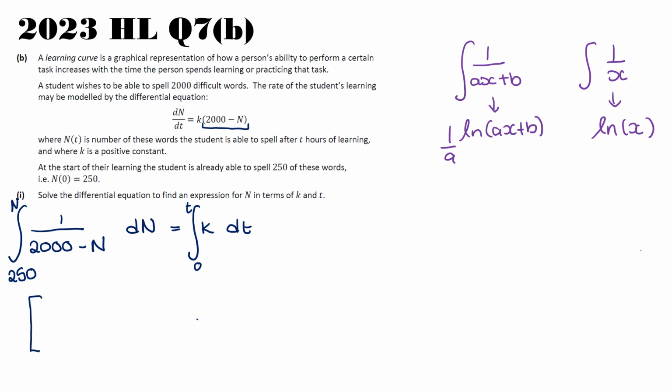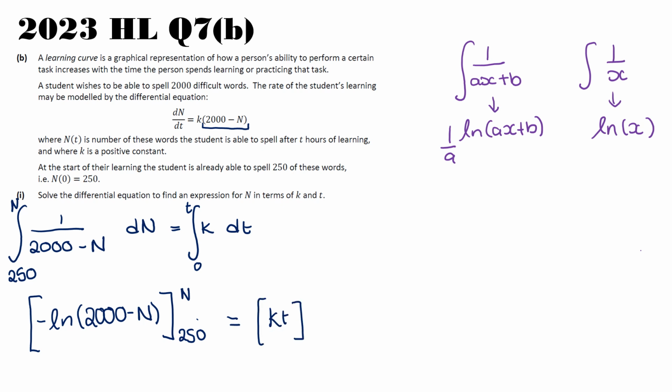So we have here on the left-hand side the natural log of 2,000 minus n. Be really careful here. You might think there's no coefficient of n, but there's actually a minus. So we're going to divide by a -1, which effectively just makes this negative. We're going to evaluate that between 250 and n. On the right-hand side, we get kt, which is between 0 and t.